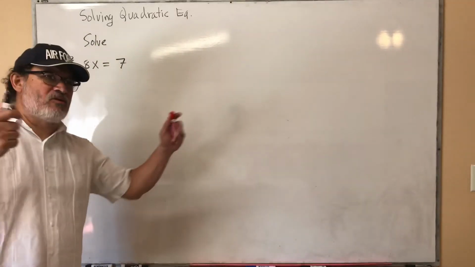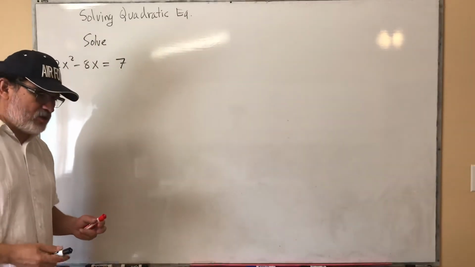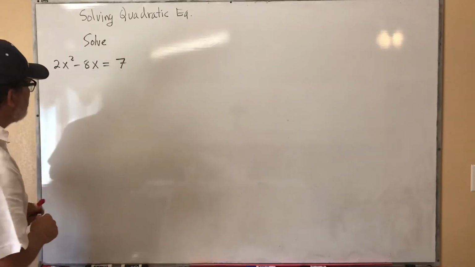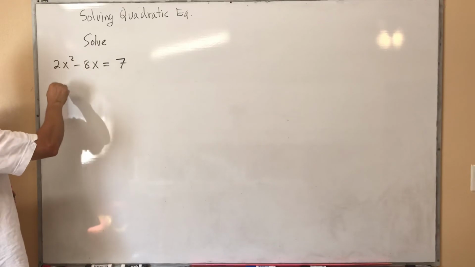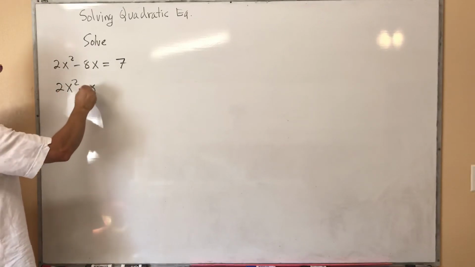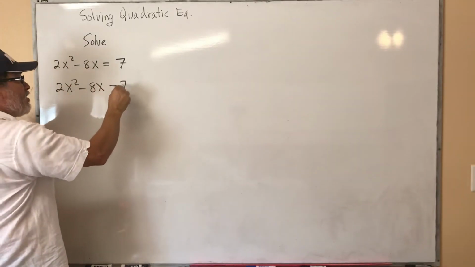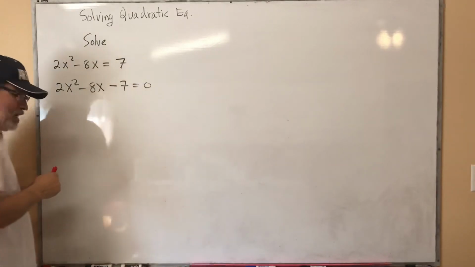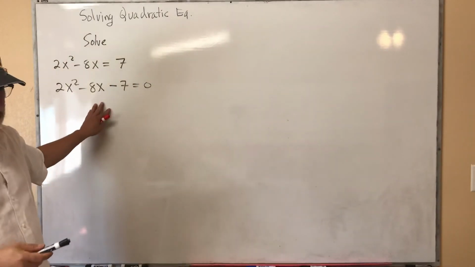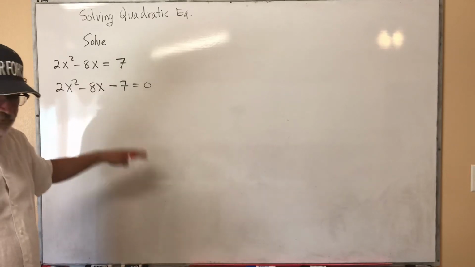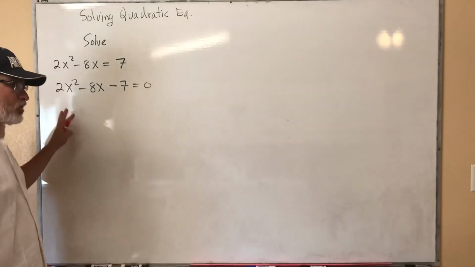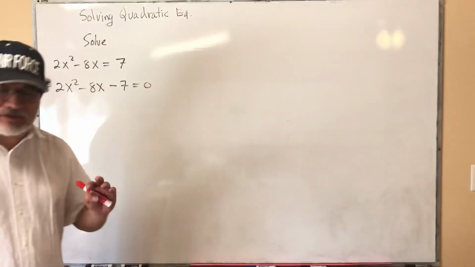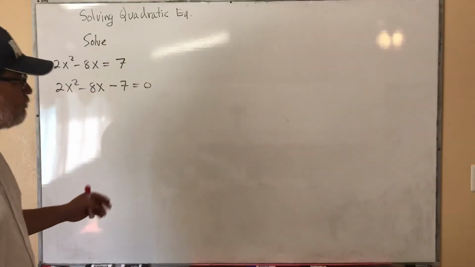So now you're saying to yourself, well, what should I use? Should I try to factor it? Sure, you can try to factor it. But set it equal to 0 first. 2x squared minus 8x minus 7 equals 0. And then you start looking for the factors. Sometimes you're going to be able to factor it. Many times you're not going to be able to do that.